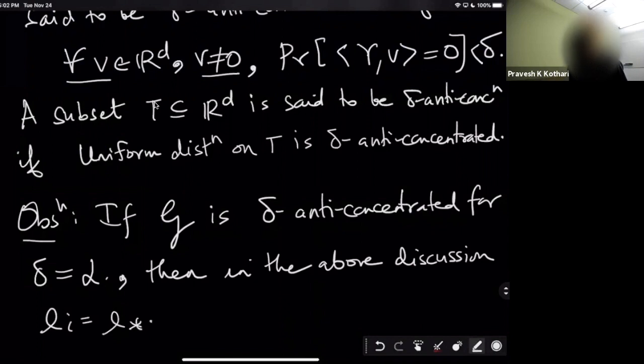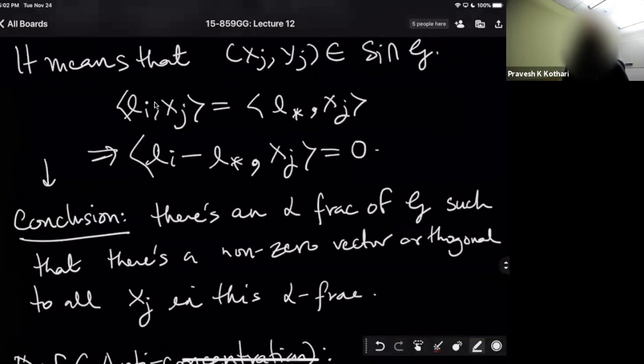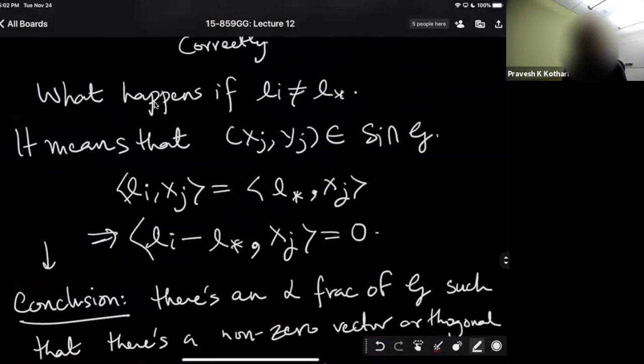Okay, let's go back and check that the parameters are correct. What have we concluded? We've concluded that this happens for the intersection of Si and G. Si and G intersect in an alpha fraction of the points in the good part, right? So if I look at the set G, then on an alpha fraction of the points in set G, Li minus L star is a vector that projects to 0.